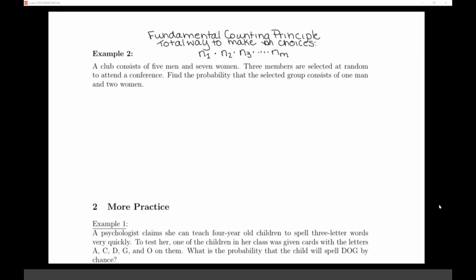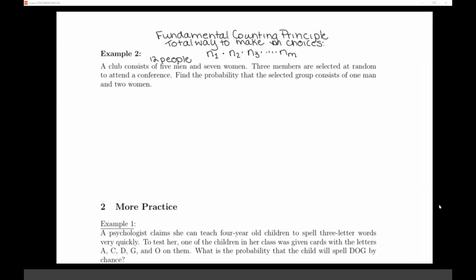Here's an example. A club consists of 5 men and 7 women, so that's 12 people. 3 members are selected at random to attend a conference. Find the probability that the selected group consists of 1 man and 2 women.